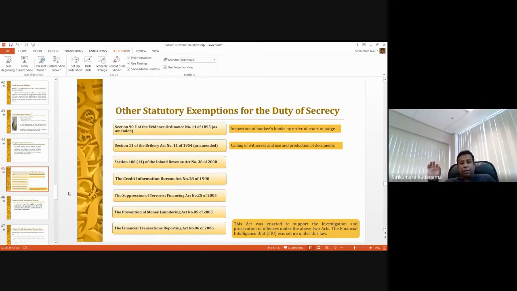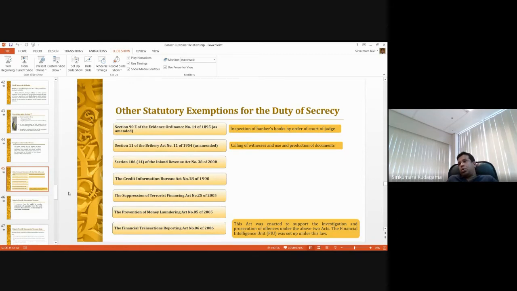But here, this act of divulging customer information under the Banking Act is an offense. It's criminal. So I think these two things operate parallelly. In Sri Lanka, if a customer is satisfied that his information has been disclosed to unnecessary parties and the bank is in breach of duty in respect of secrecy, the customer should be in a position to file a case and obtain damages for the breach of contract.